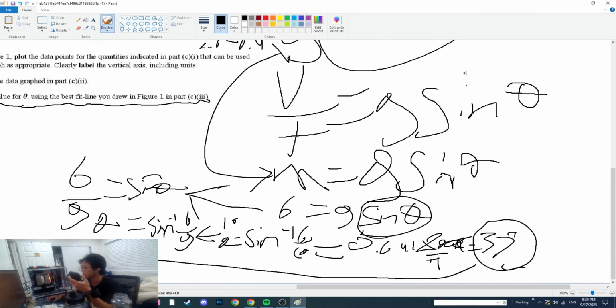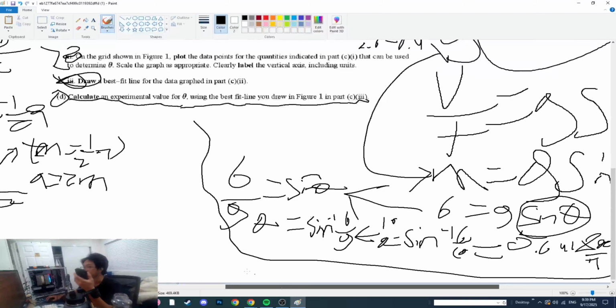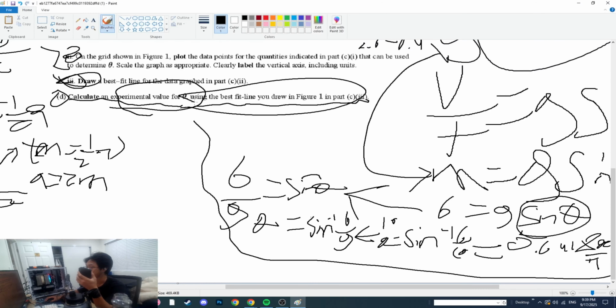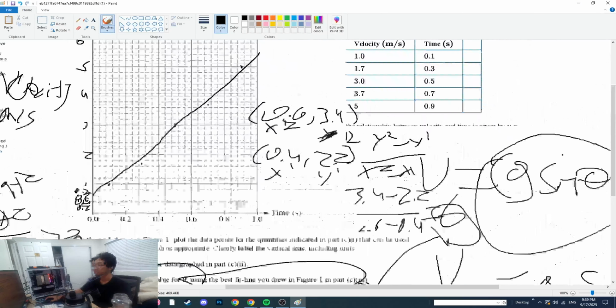And that would answer theta for this part, and that would be our experimental value for the best fit line we drew in figure 1. Thank you.